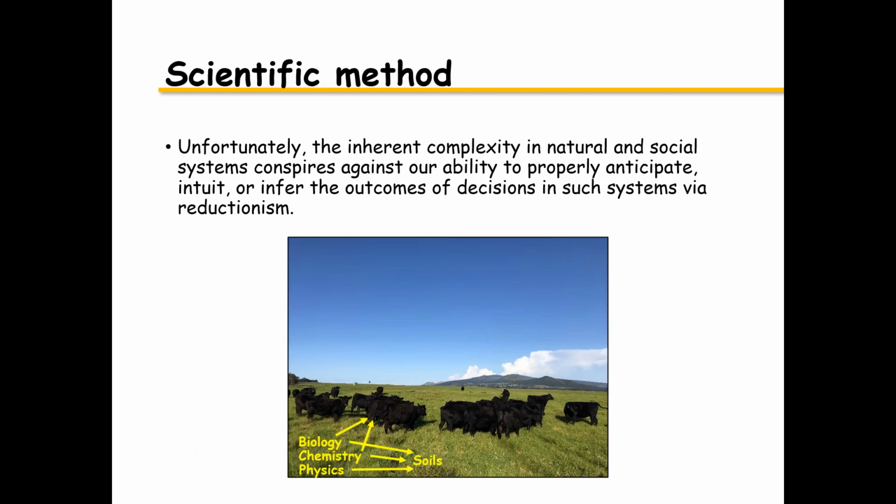Biology, chemistry, and physics, and what that means for the animals themselves, the soils, the crops, the livestock, what the animals mean from an economic standpoint, generating costs or being a profit center or revenue center, how policy might influence what we do on the landscape or how we interact with the market, how climate might impact all of these things. And management sits at this crux because management is managing all these pieces in concert with one another.